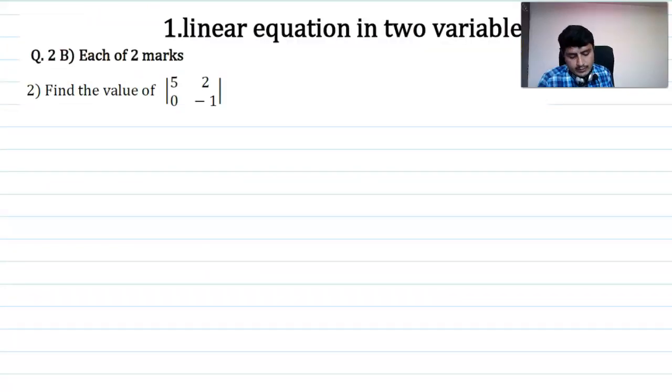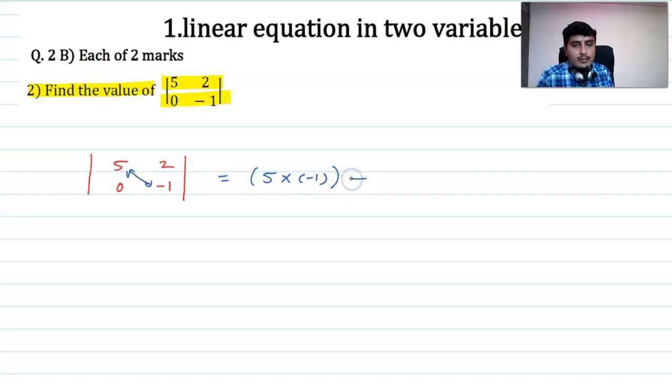Look at the second question for 2 marks. We have to find the value of the determinant given, of order 2 by 2. It has 2 rows and 2 columns. The entries under the determinant are 5 and 2, 0 and minus 1. So to evaluate the value of the determinant, what shall we do? First, the multiplication of the diagonal elements. That means we have 5 into minus 1, then minus the multiplication of the second diagonal elements, that means 0 into 2.